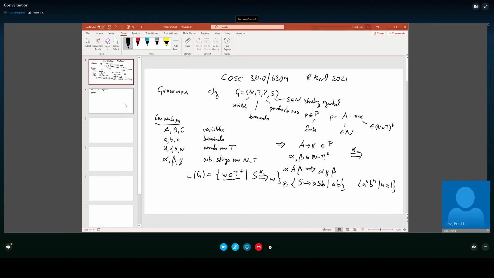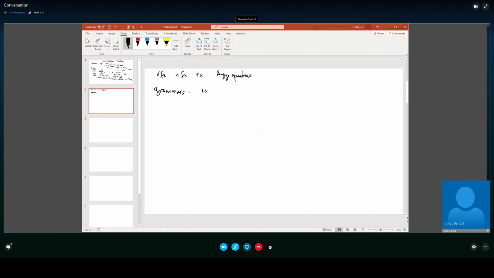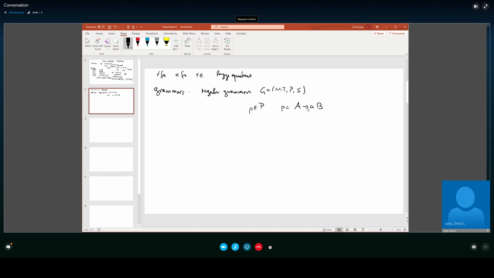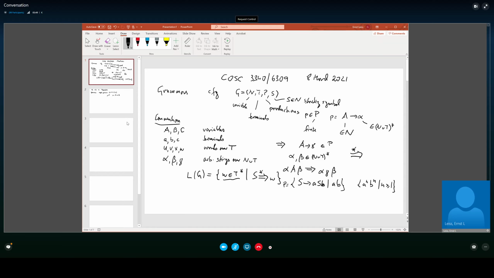Now, the only difference when we deal with regular grammars, well, this is N, T, P, S, just like before, with the only difference being that if P is a production, then P is either A goes to little a, capital B. So capital A and capital B, according to our convention, are variables, and little a is a single terminal.